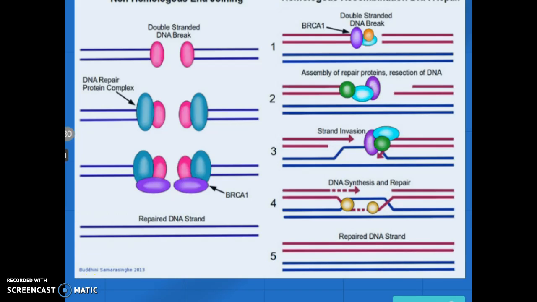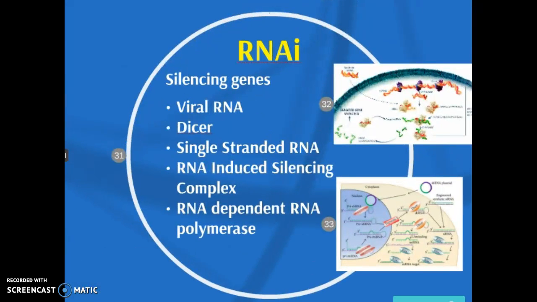The next and final thing I want to talk about in this video is RNA interference. RNA interference is a mechanism used to silence genes. This process develops a double-stranded RNA and destroys single-stranded RNA with the same sequence.